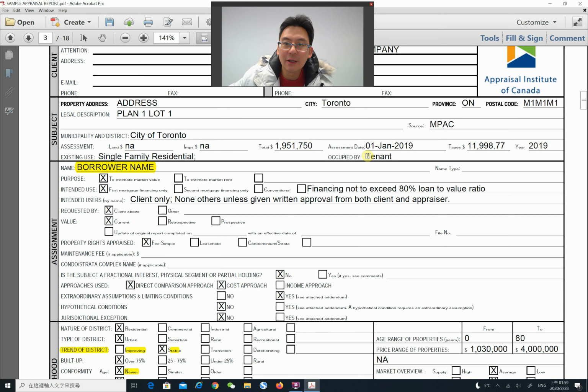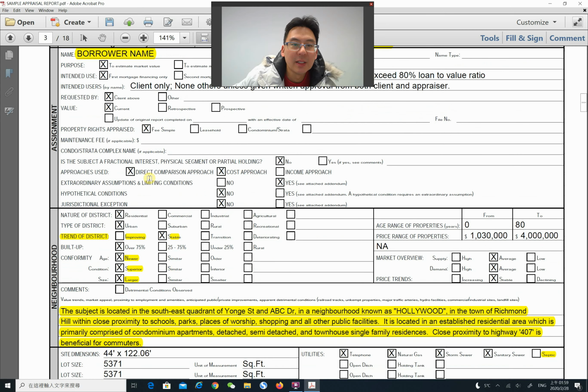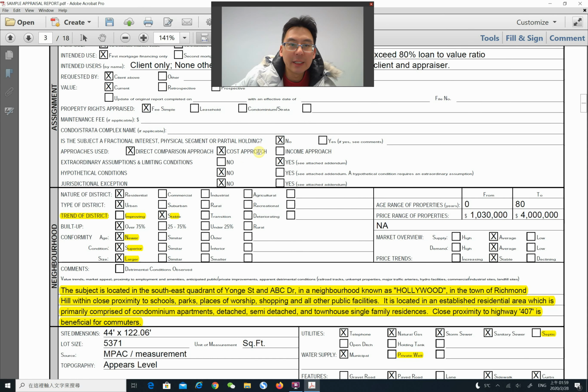If it is occupied by the tenant, then it's that one. The borrower name is there. Not much to look at there. If it is a condo, there's a condo fee, maintenance fee, everything. But this one is a detached home. No worry about that.